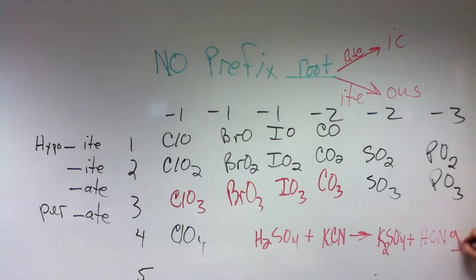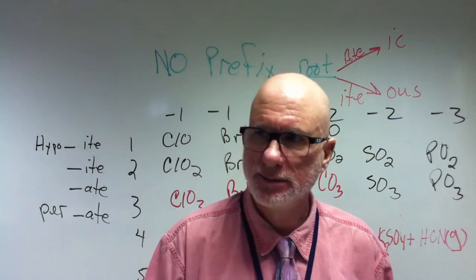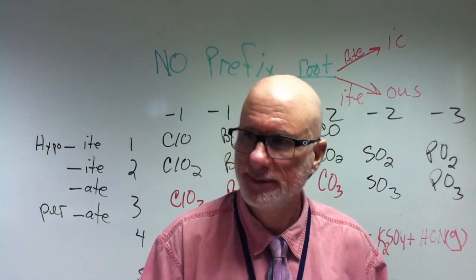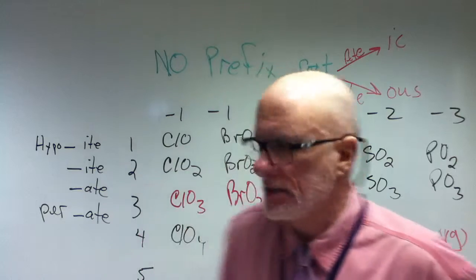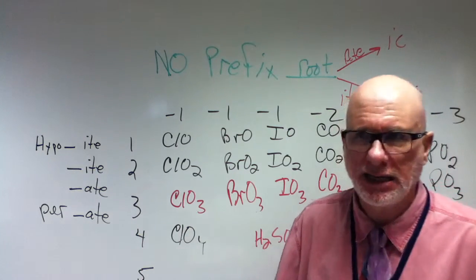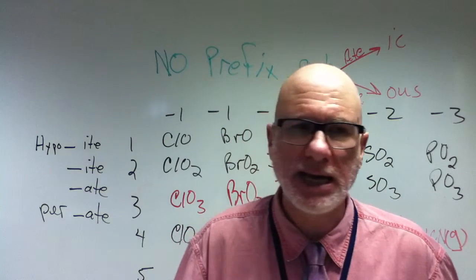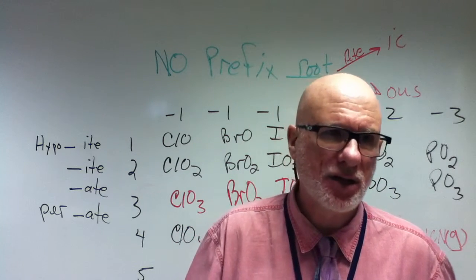This is a gas that evolves, fills the chamber, and they choke on cyanide. It's gross, I know, it's foul. So anyway, that's an exception. The polyatomic ion cyanide becomes cyanic acid. So the -ide becomes -ic.